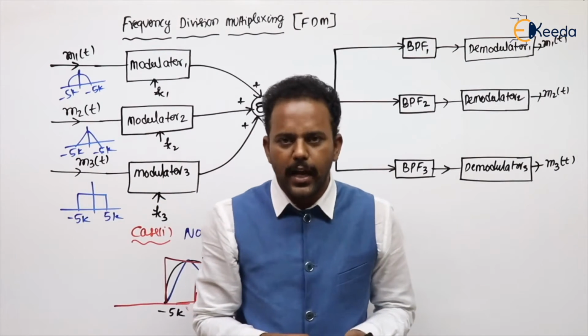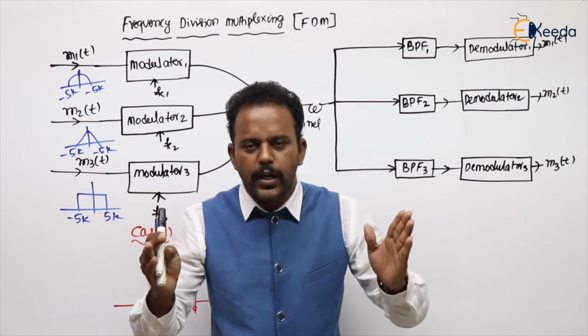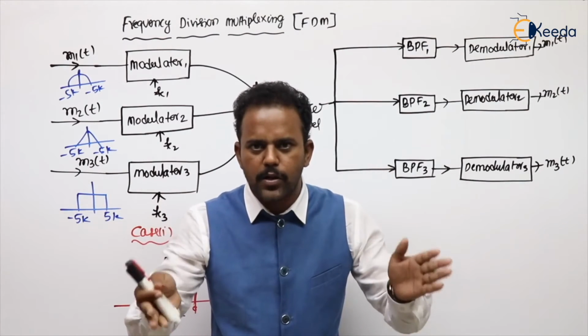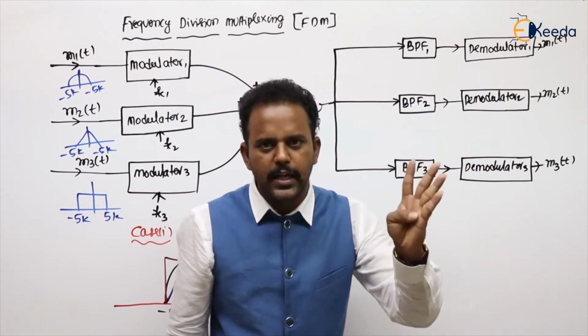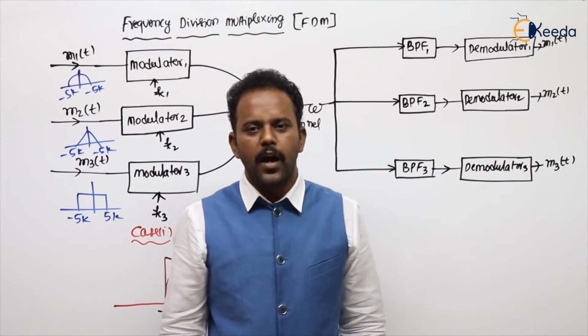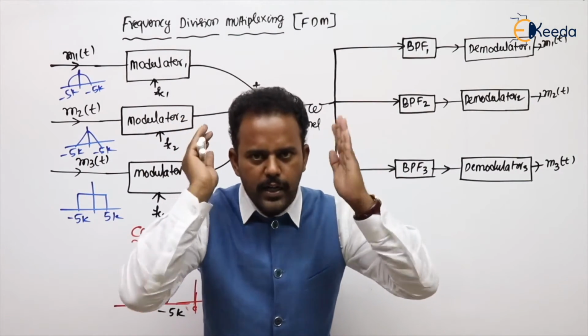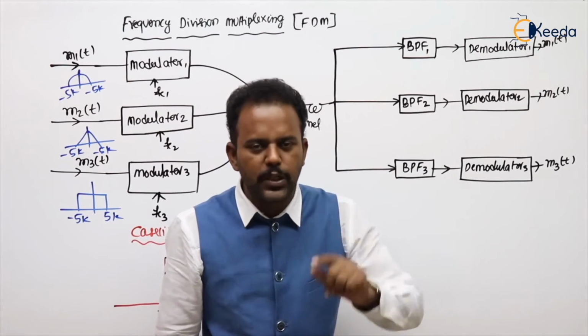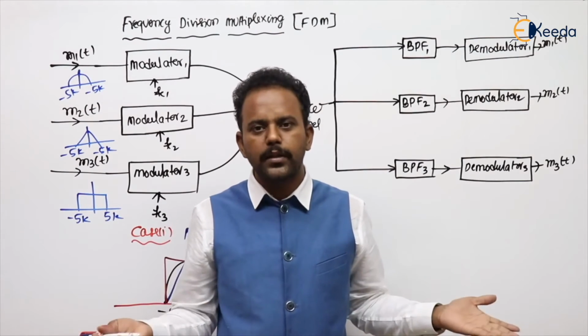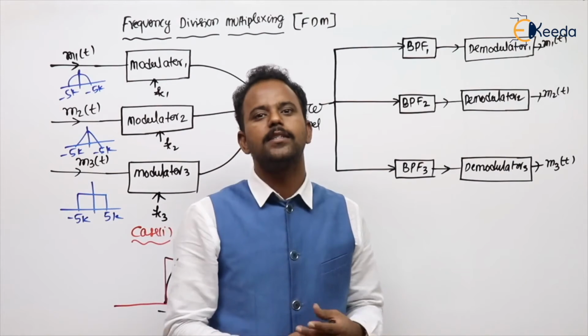Means just like 3 subjects going on simultaneously in the same classroom at the same time. Signals, communication, maths, all faculties came, all are taking the class simultaneously. Then which subject will you understand? No subject, because of interference.